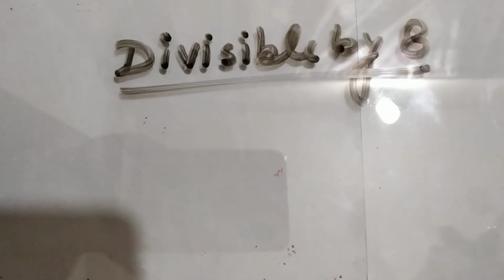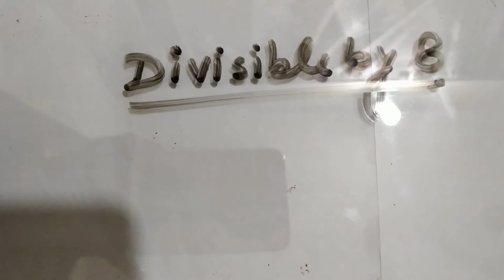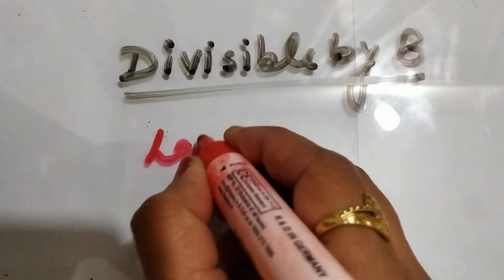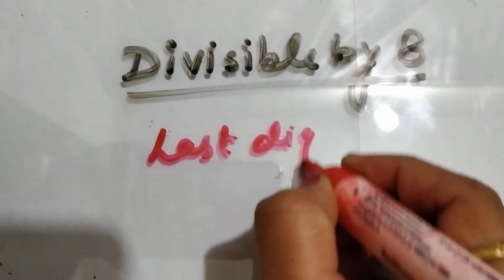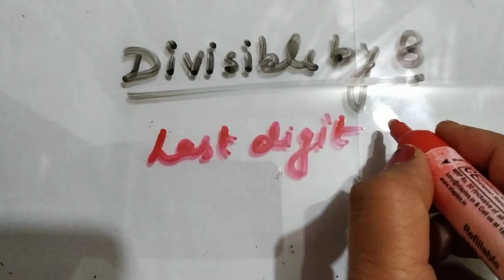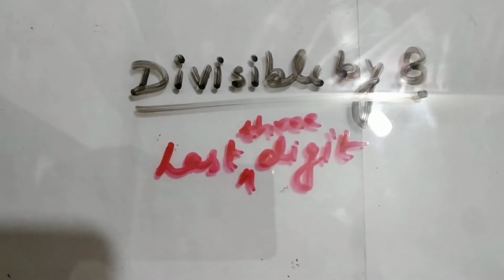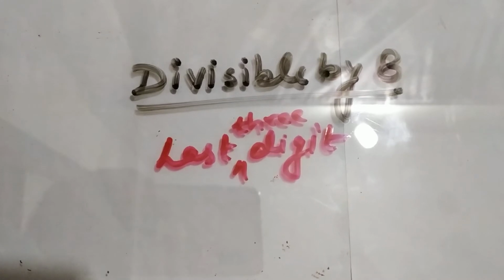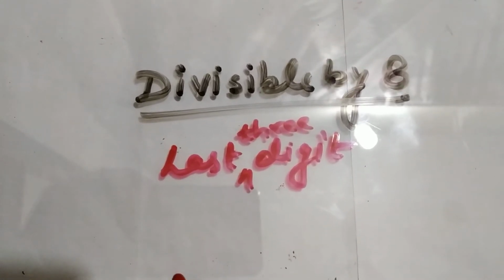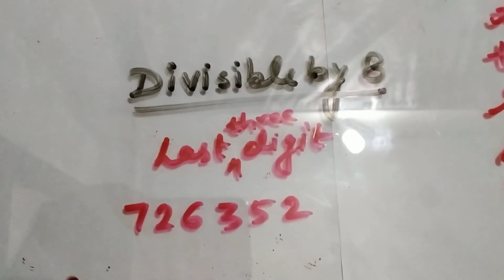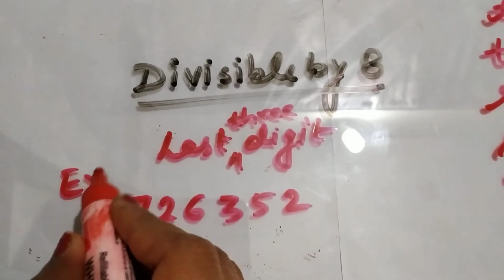Now to check if the number is divisible by 8 or not, just check: if the last 3 digits are divisible by 8, then the number is divisible by 8. For example, that is your number.